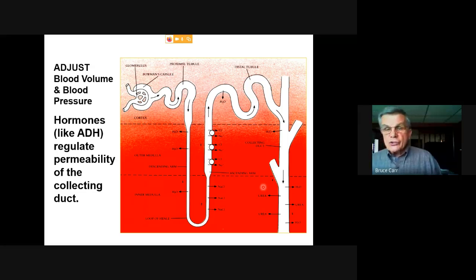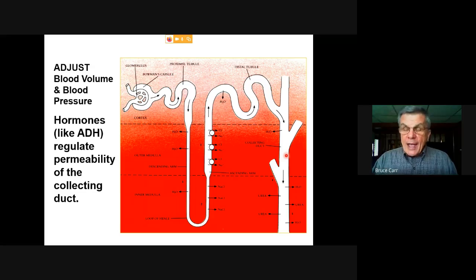We can adjust this situationally, so whether you're overhydrated or close to dehydration, we can control the dilution or the concentration of the urine through controlling the passage of water out of this filtrate. Hormones like ADH, antidiuretic hormone, produce this effect.